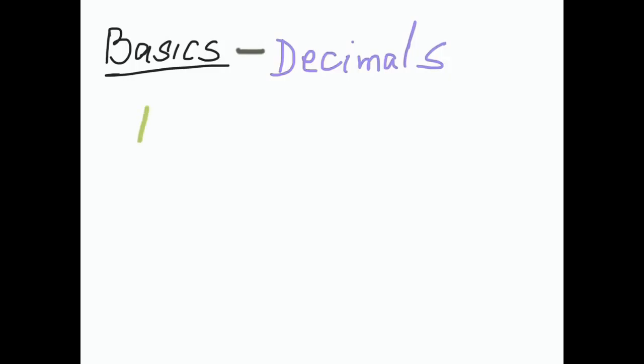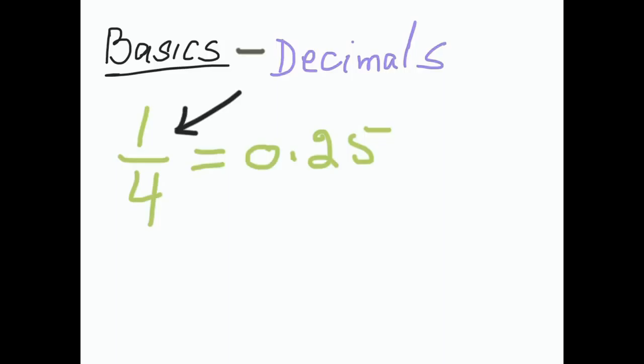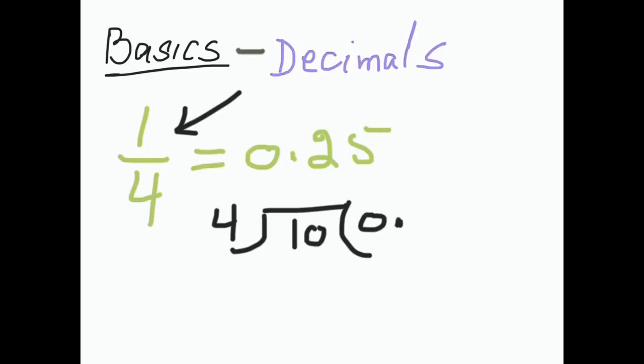If we want to write this fraction in decimal form, it's going to be this, because this fraction literally means 1 divided by 4. We know that 1 cannot be divided by 4 in a whole way, so we put a point here and we put 0 here.